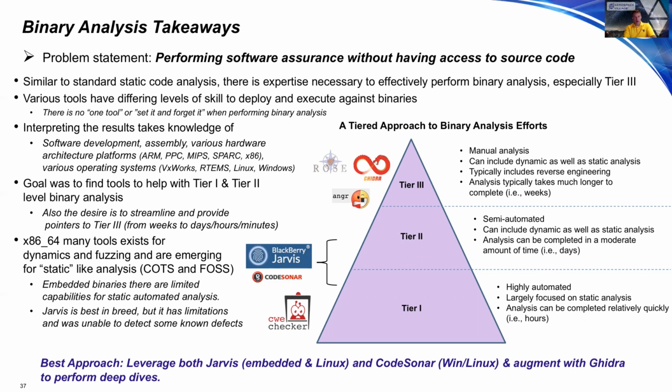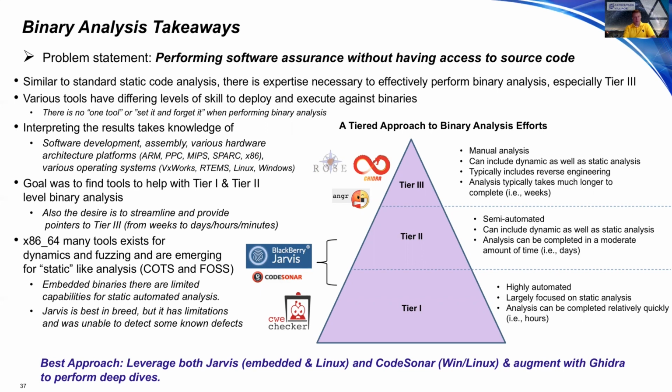We're starting to see some tools emerge to help with fuzzing and black box fuzzing, but they're not quite there yet. And a lot of that focus has been on x86 and not on the embedded side. So what's the summary of all this? If you're looking to do software assurance without having access to source code, and you're strictly focused on embedded, then Jarvis is probably your best solution.